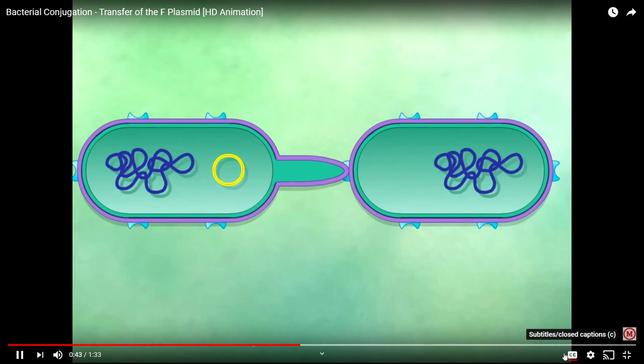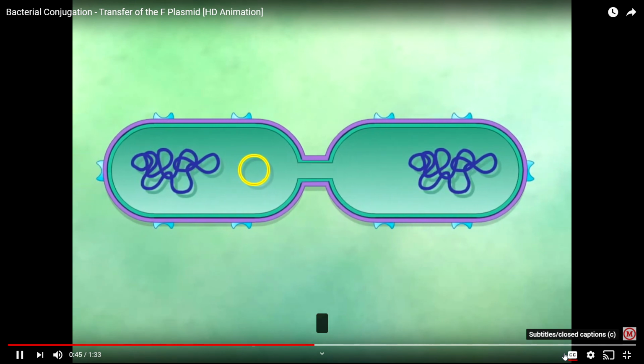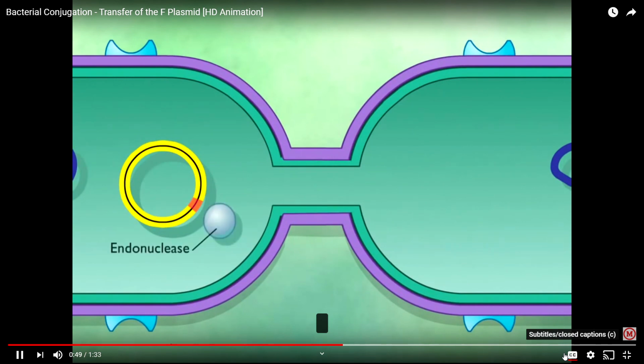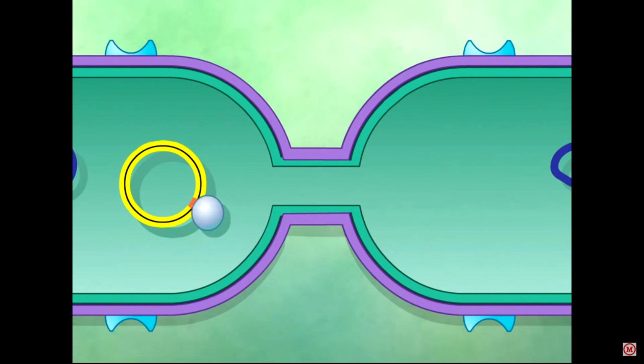recipient cell. The plasmid then becomes mobilized for transfer when a plasmid-encoded endonuclease cleaves one strand of the plasmid at a specific nucleotide sequence called the origin of transfer. A single strand of the F plasmid beginning at the origin of transfer enters the F- cell.